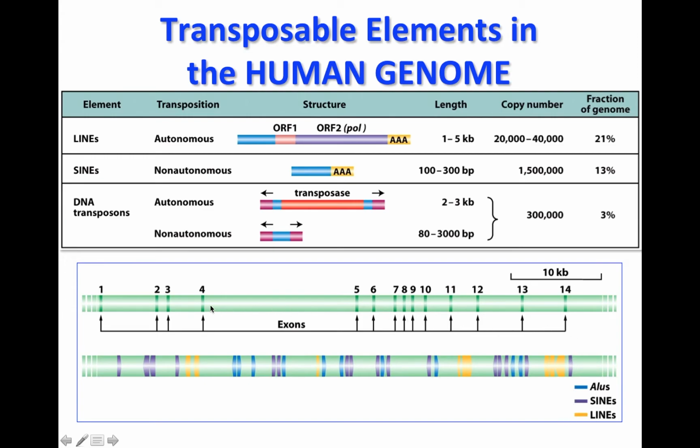So you can see within this one long gene, we have many, many, many transposable elements. And if you look carefully, they are all present in only the intron sequences, not within the exons.